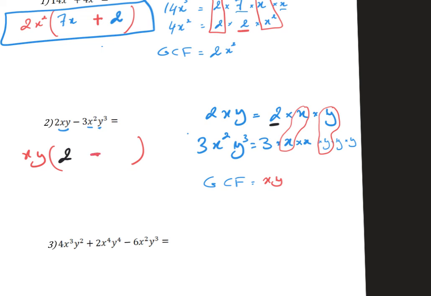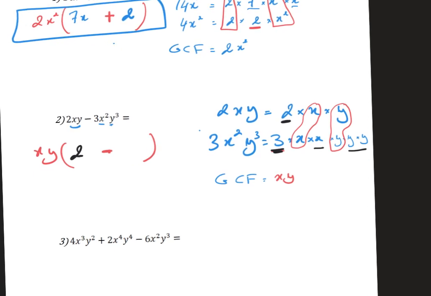For the second term, if we factor by xy, we're going to have 3x and y.